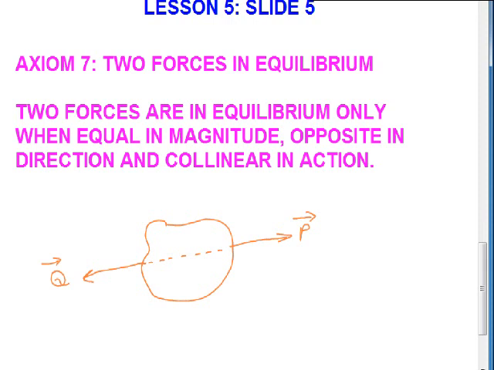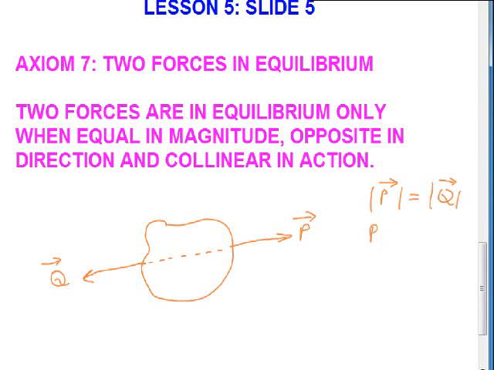To cancel the effects of P bar, what must be Q bar? That is what is specified in this axiom. To cancel that, this Q bar must be equal in magnitude, that is the magnitude of P bar should be equal to the magnitude of Q bar.